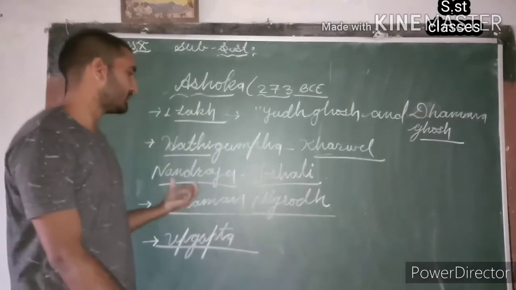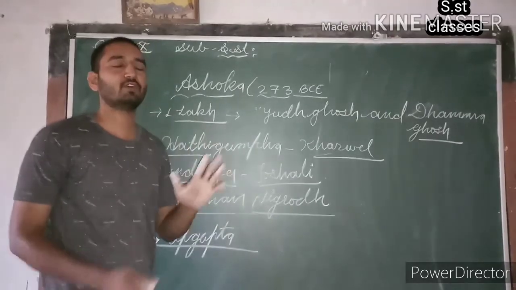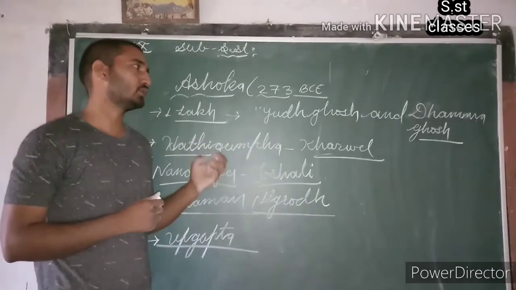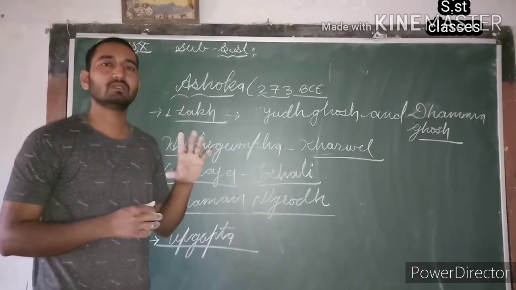In this way finally Ashoka joined Buddhism, and he became a great follower of Buddhism due to the religious preaching given by Moggaliputta Tissa.